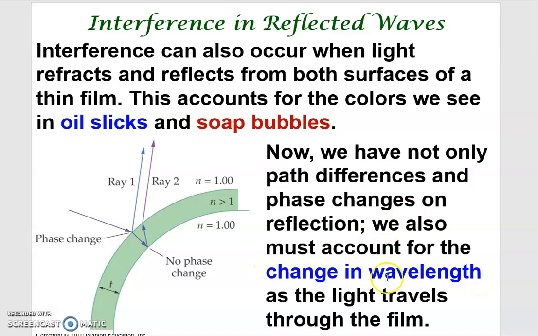Let me explain why. For ray 1, you will find this first reflection will have one phase change. But ray 2 will propagate into, for example, the soap bubble, and this one will have no phase change. But the wave will propagate at a different velocity there, so the wavelength is different.